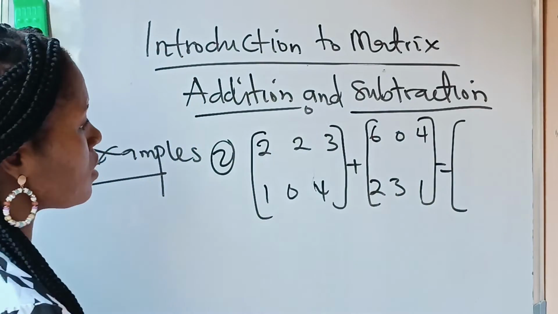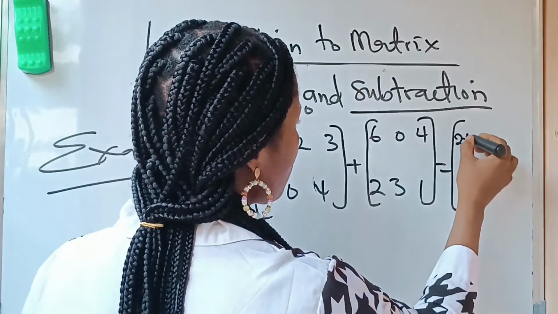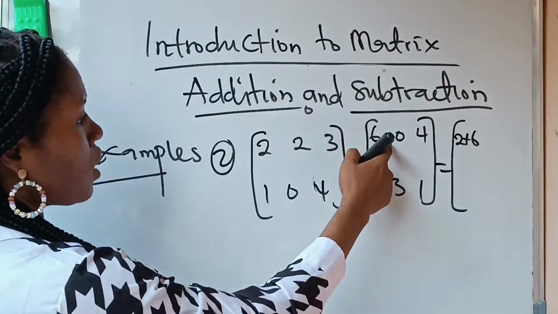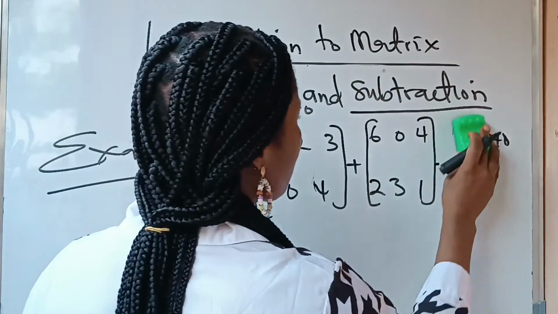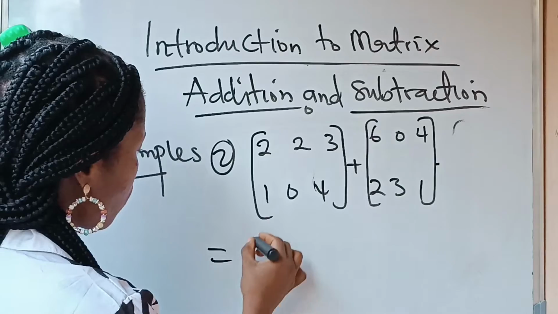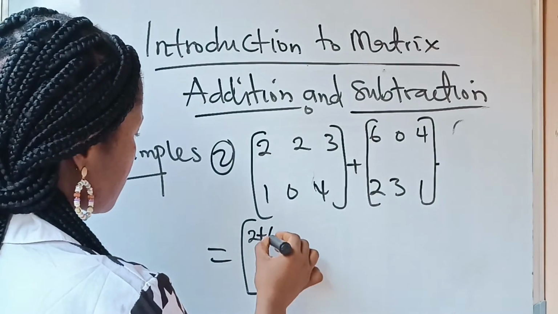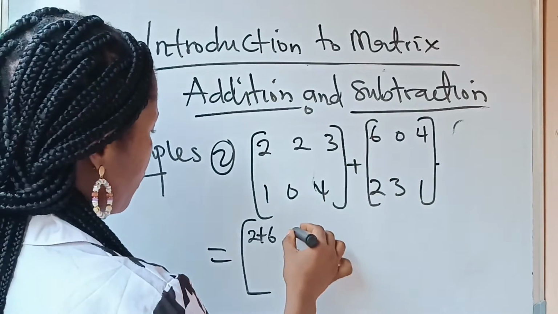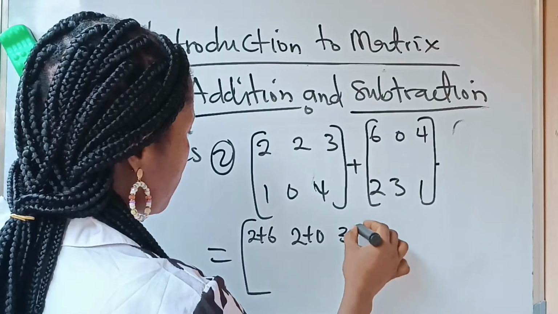So to add them together, this is equal to 2 plus 6, 2 plus 0, 3 plus 4.